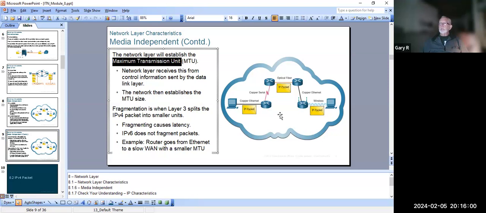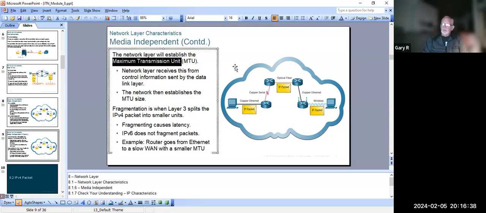We don't see this a lot today. The reason is Ethernet's at 1500, and pretty much everything in between will be 1500. In the olden days, when there was a lot of token ring out there, token ring had an MTU of over 4,000, 4202. So if you sent something off in token ring at 4202, and it encountered a segment of Ethernet, it couldn't go across that segment without being fragmented.